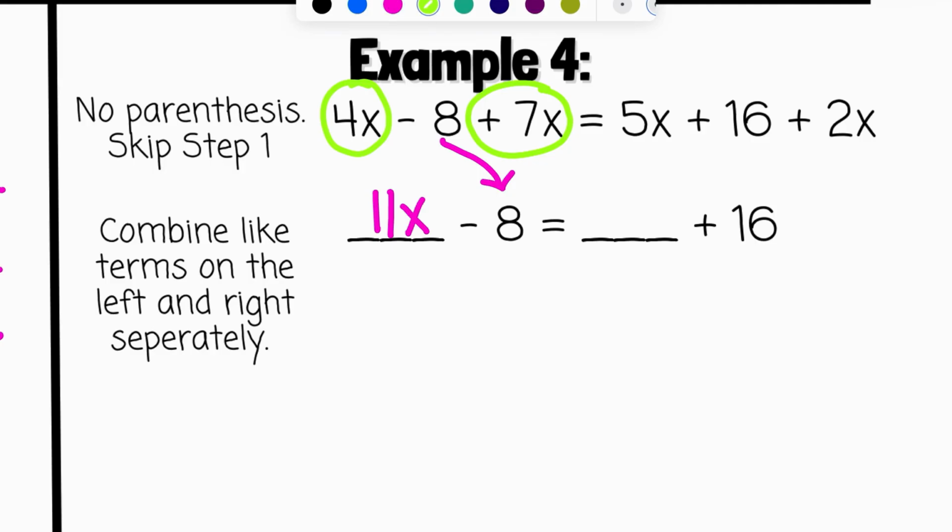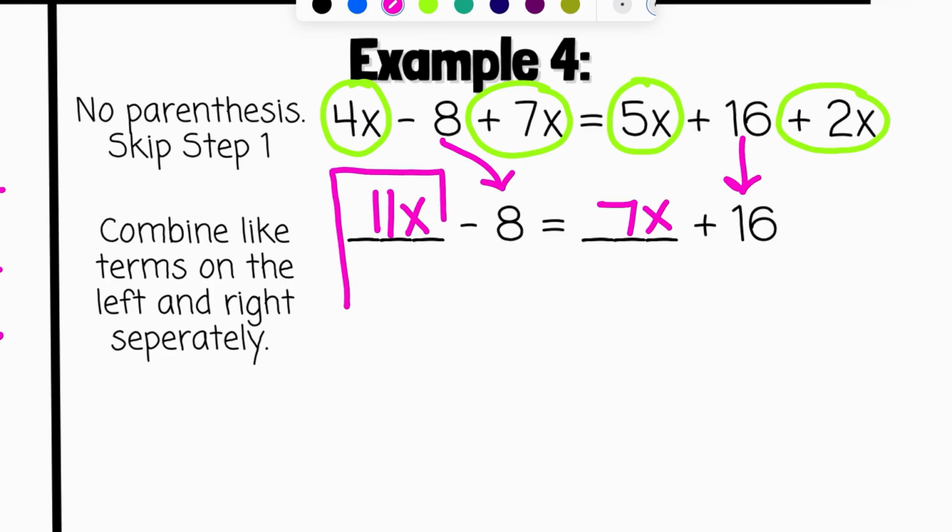And then I just bring down the minus 8. Okay, now separately, look at the right side. On the right side, I've got 5x plus 2x, which equals 7x. And then I bring down the plus 16.